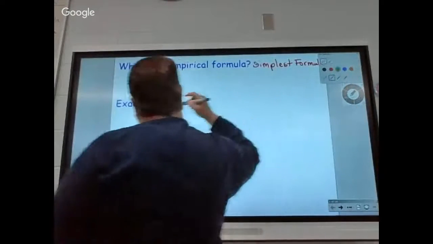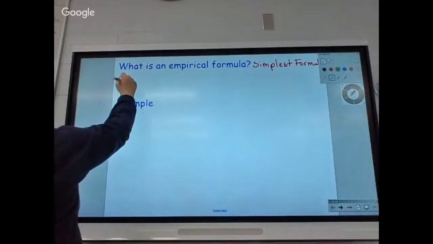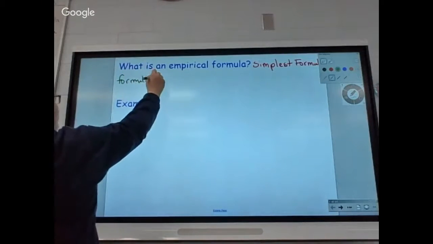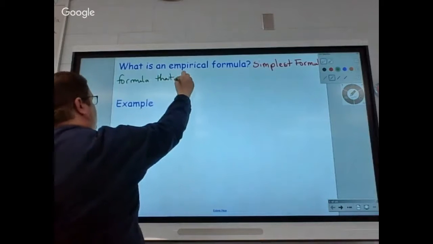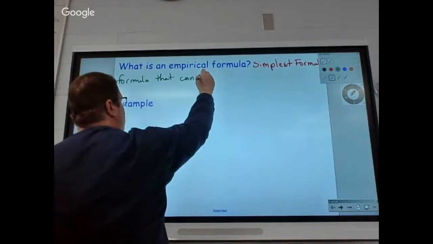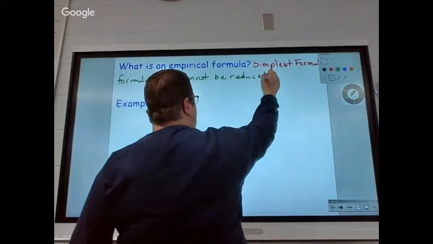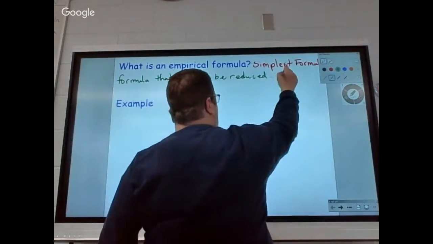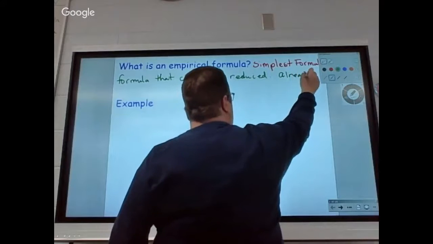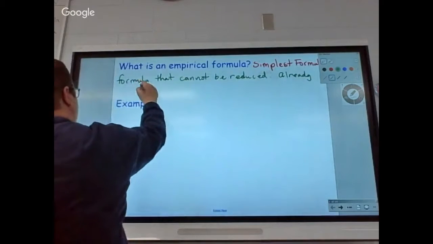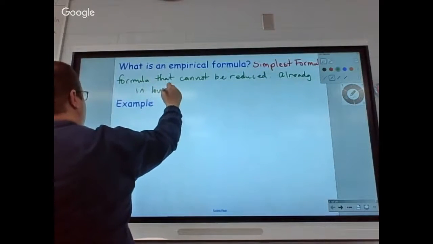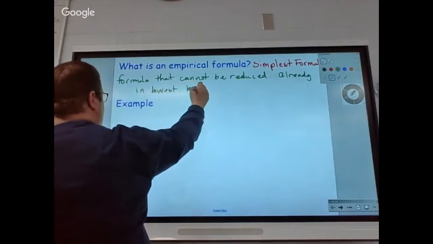It is a formula that cannot be reduced. It is already in lowest terms.